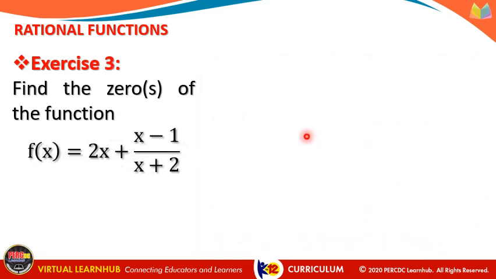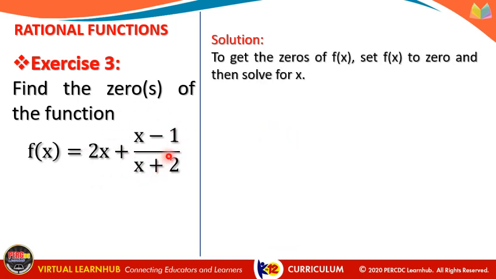Exercise number 3, find the zero or zeros of the function f of x is equal to 2x plus quantity x minus 1 all over x plus 2. Now, there are many ways how to get the roots of this. So again, una let us set f of x to 0 and then solve for x. Ang gawin ko dito, pwede naman yung 2x i-transpose ko sa left side.